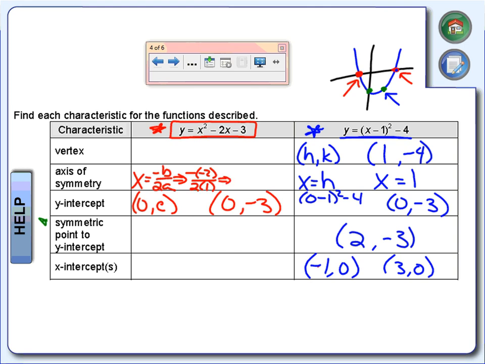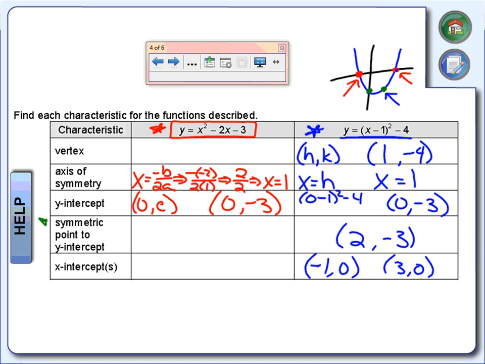A negative times a negative 2 would make that a positive 2. And 2 times 1 is 2. And what do you get when you do 2 divided by 2? 2 divided by 2 is a 1. So we're going to end up with x equals 1. So that right there is our axis of symmetry, x equals 1. We had to do a little work to get there.